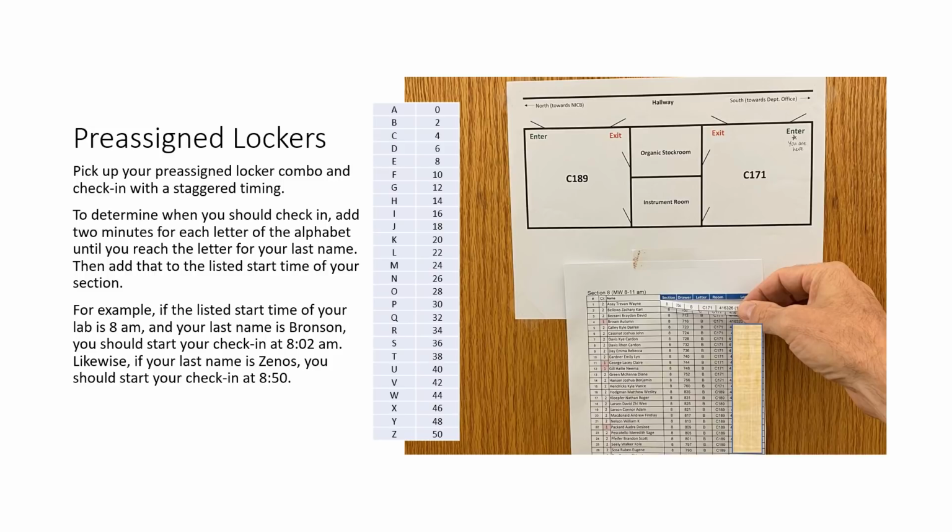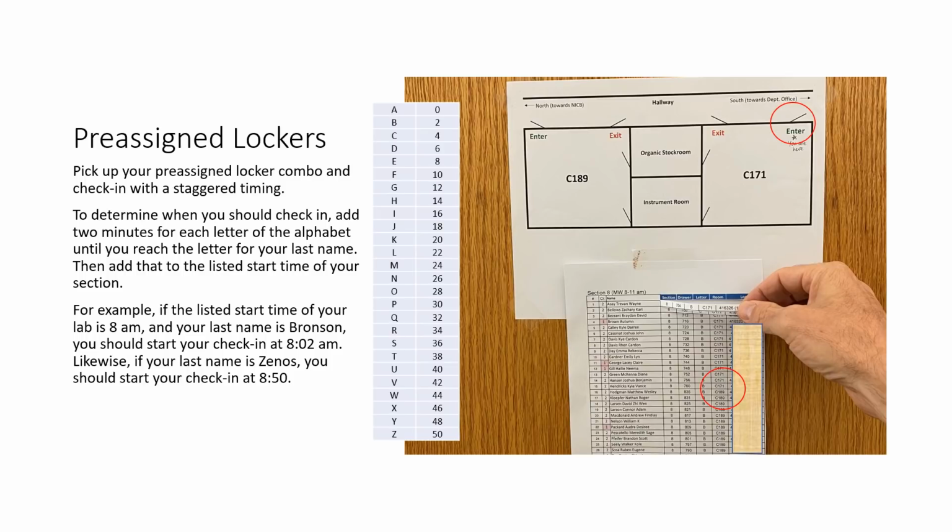Now you'll notice on the door that some of the room numbers are different. The top half ends up in C171, and the bottom half ends up in C189. Where you're tearing off your locker combination is on the far south end of the two labs.